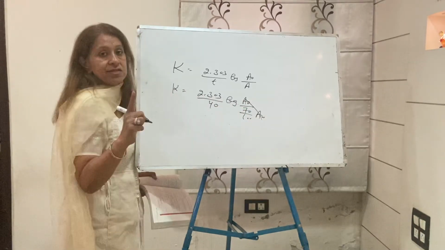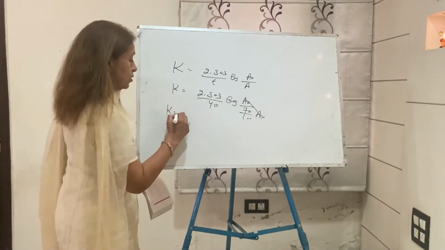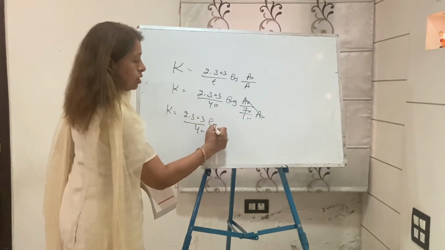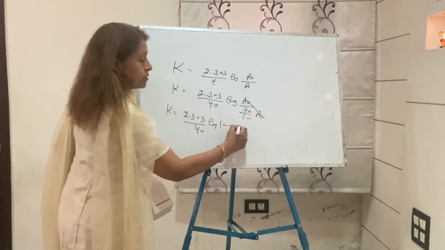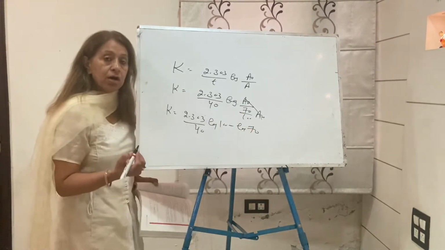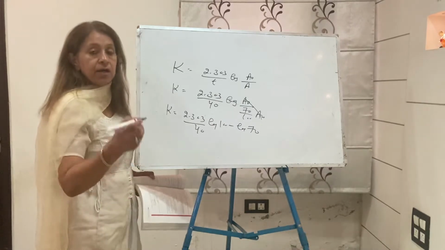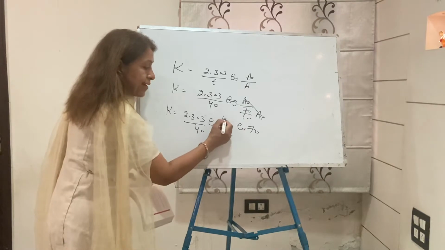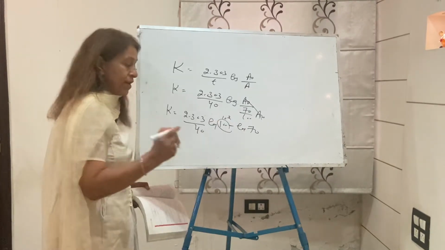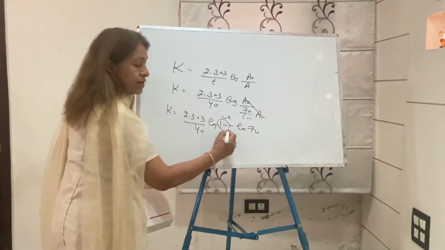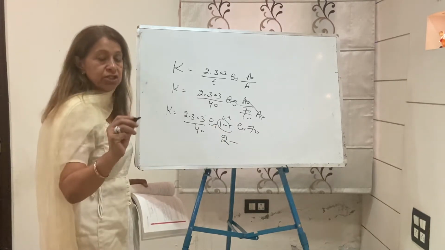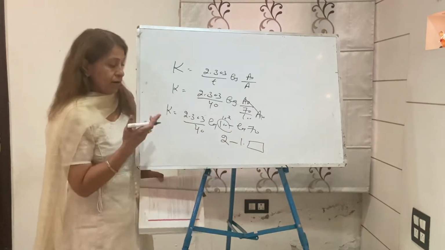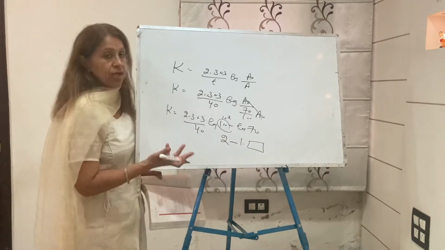A naught always cancels. So K is equal to 2.303 by 40, log 100 minus log 70. 100 is 10 raised to power 2, and log 10 is 1, so that is 2 minus log 70. 70 is a 2 digit number, so log 70 is 1 point whatever it is. You can write that here, and after calculation your K will come.